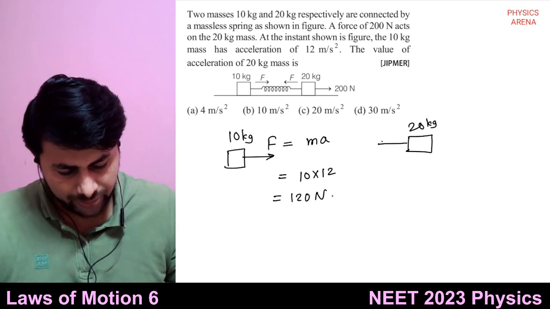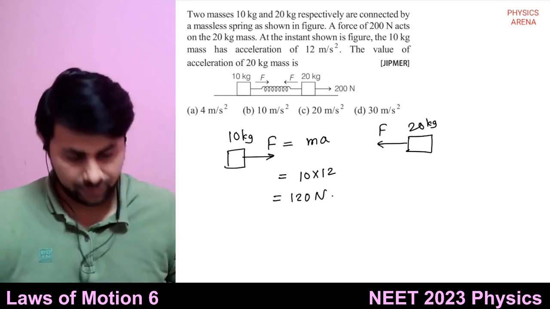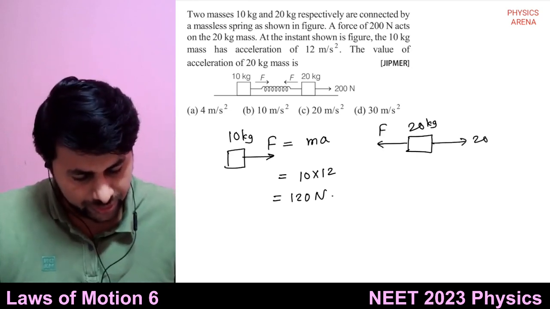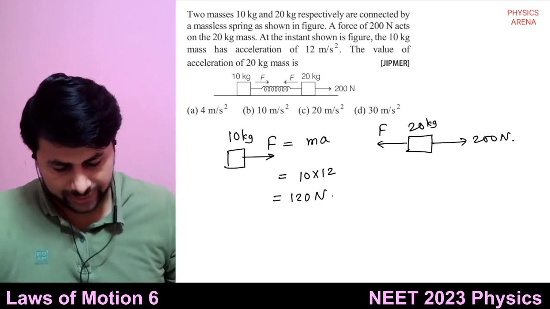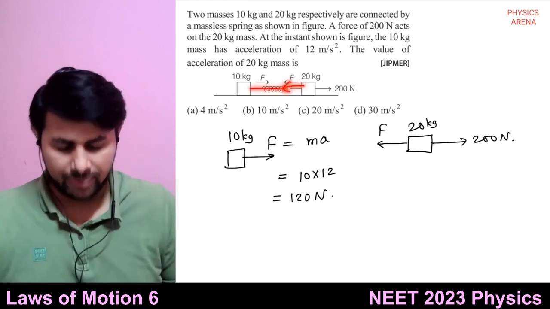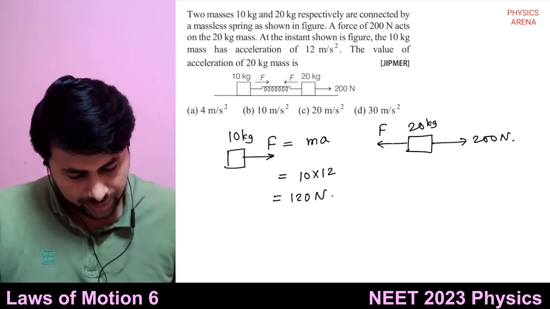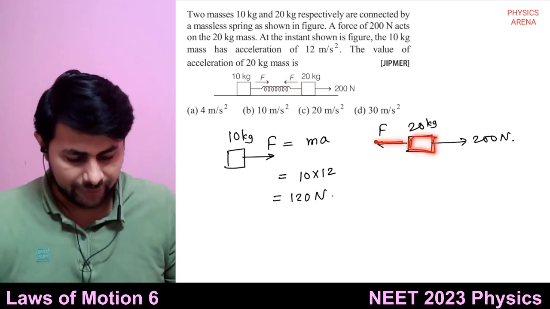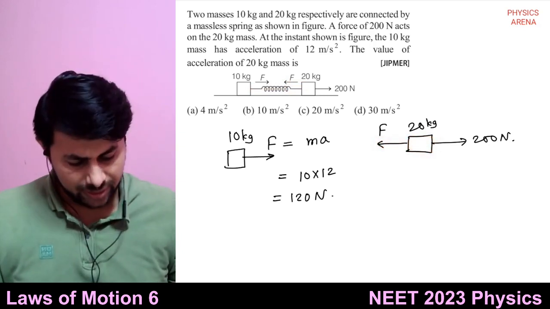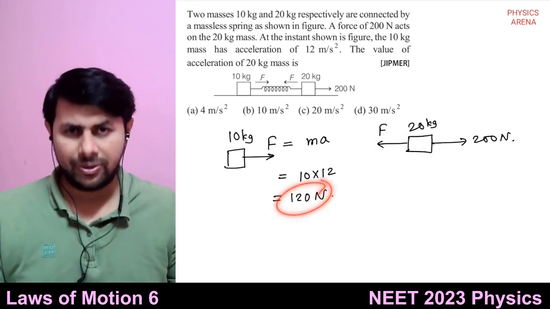And if you think about the second mass, the 20 kg mass, what are the forces? One is the spring force acting towards left, and one is this 200 newton force. The spring force will be equal and opposite, so for the 20 kg mass, it will act towards left, and we have found it out: it's 120 newtons.